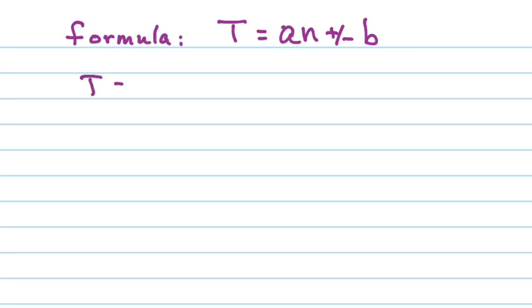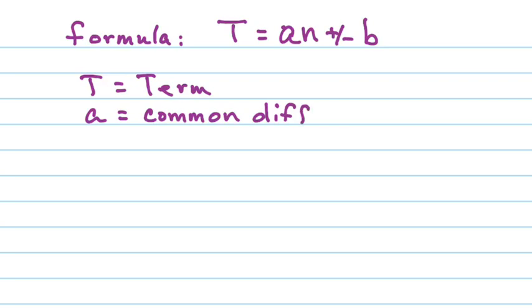Where T is the term, so remember that's the actual number. A is the common difference, which is something that we looked at last time, so you ought to be able to find the common difference. Remember, you're just subtracting one after another.